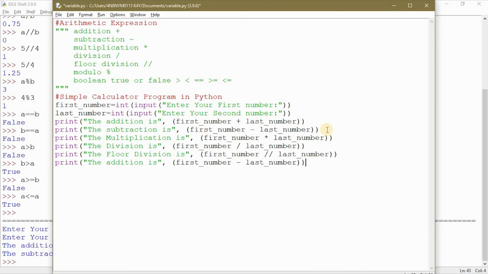The next one is modulo, which is our percentage.